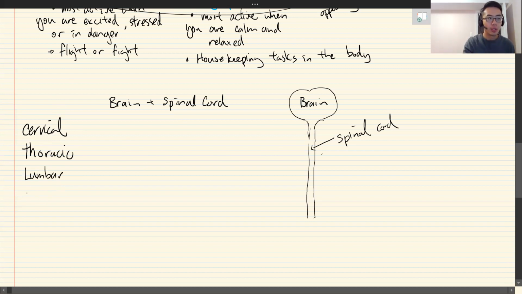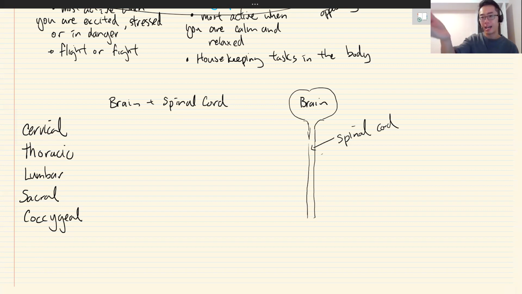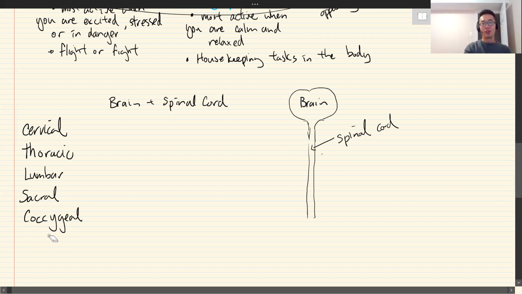And then after that, the sacral nerves. And then you would have the cauda equina. I always have a hard time saying this word. And you have the coccygeal nerve at the bottom.